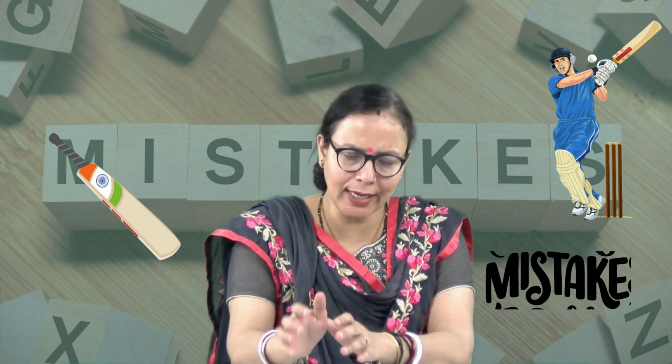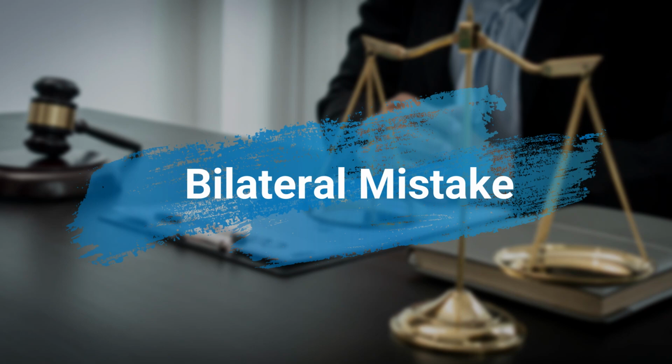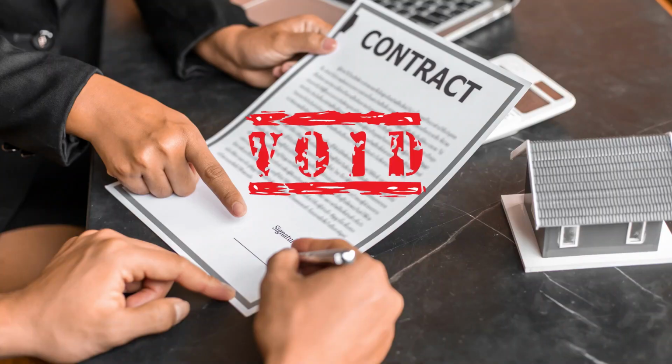Just because you have seen the advertisement, you believed that it is a Dhoni bat. This is how identity of the subject matter is destroyed. In all these cases, it is a bilateral mistake. And when there is a bilateral mistake, the effect of bilateral mistake is it is void.